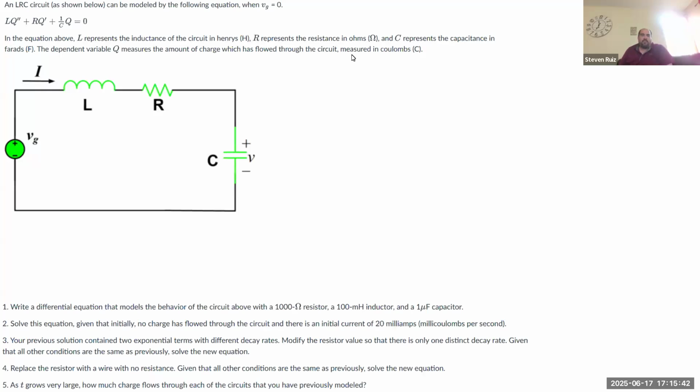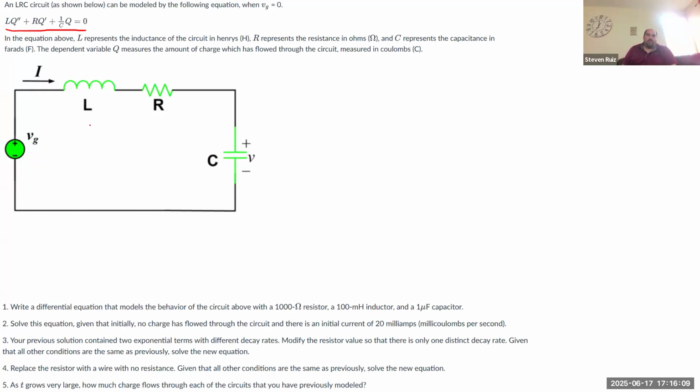We are given a template for the equation that models this circuit. So let's first write this equation based on the component values we're given. I'm focusing on L Q double prime plus R Q prime plus 1 over C times Q equals 0.